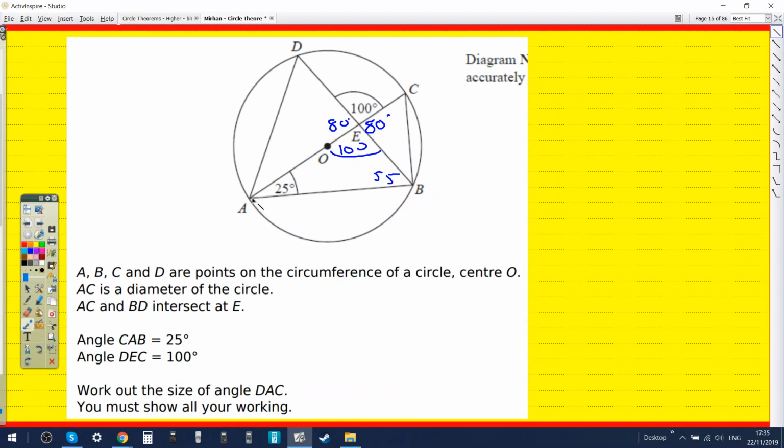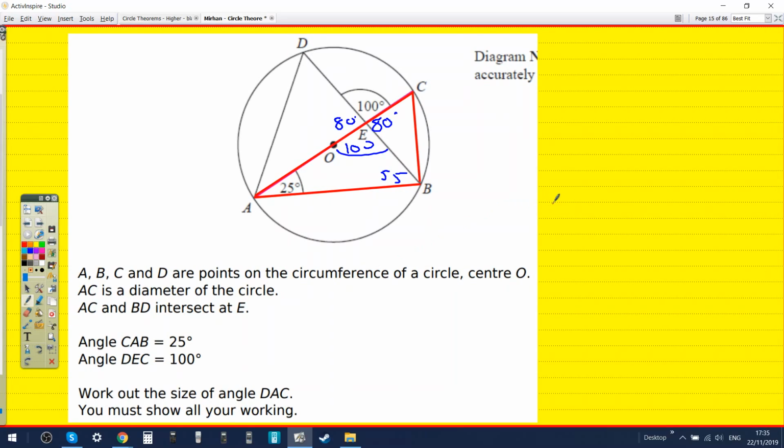So if we look at the diameter, let's see, so that would make this triangle. I think that's the only triangle. And so what would be the 90-degree angle? Okay, angle B. So 90 minus 55 is 35. Yeah, so that's 35.